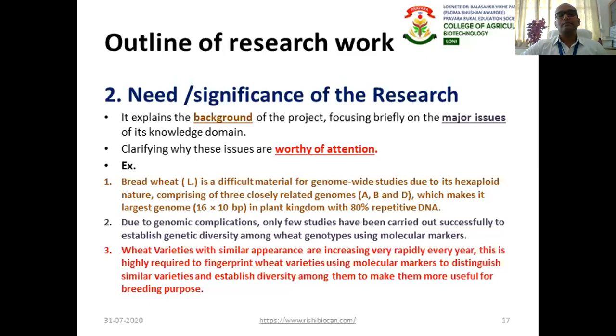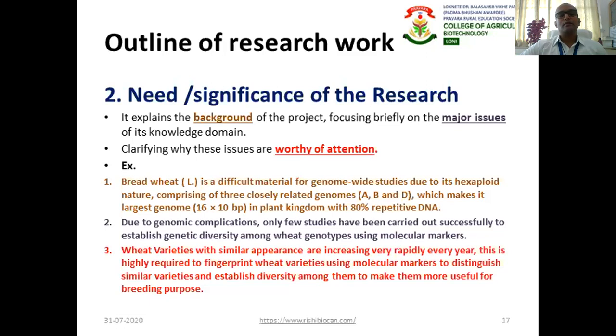Let's take an example. What is the background? Bread wheat is a difficult material for genome-wide studies due to its hexaploid nature. Why do you want to study wheat fingerprinting? Because wheat has a very diverse genome.